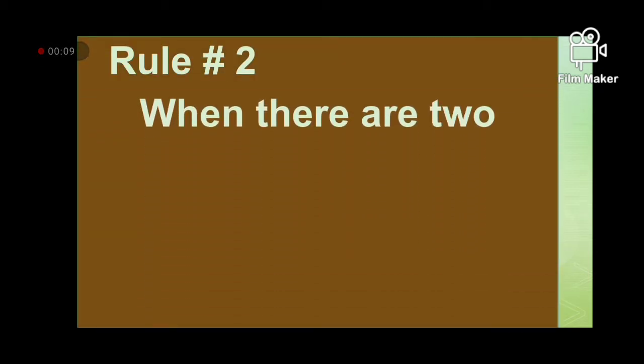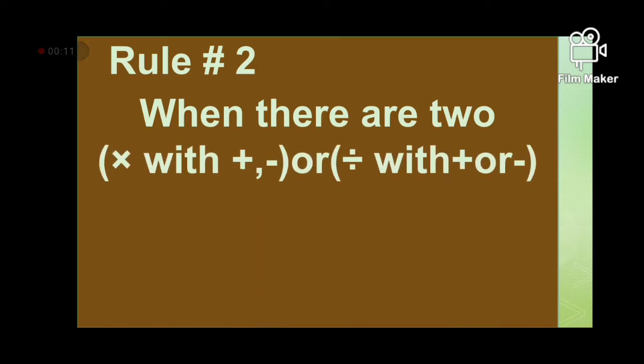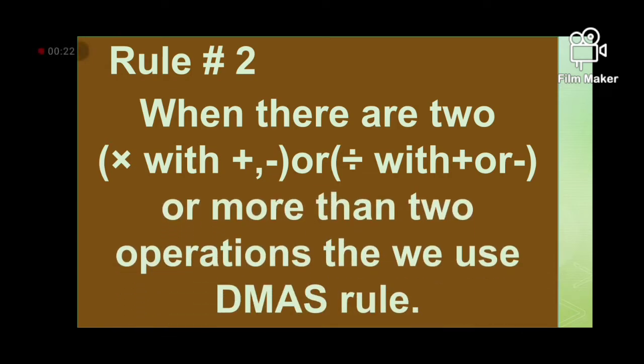To rule number 2. Rule number 2: when there are two operations, multiply with plus and minus, or divide with plus or minus, or more than two operations, we use DMAS rule.